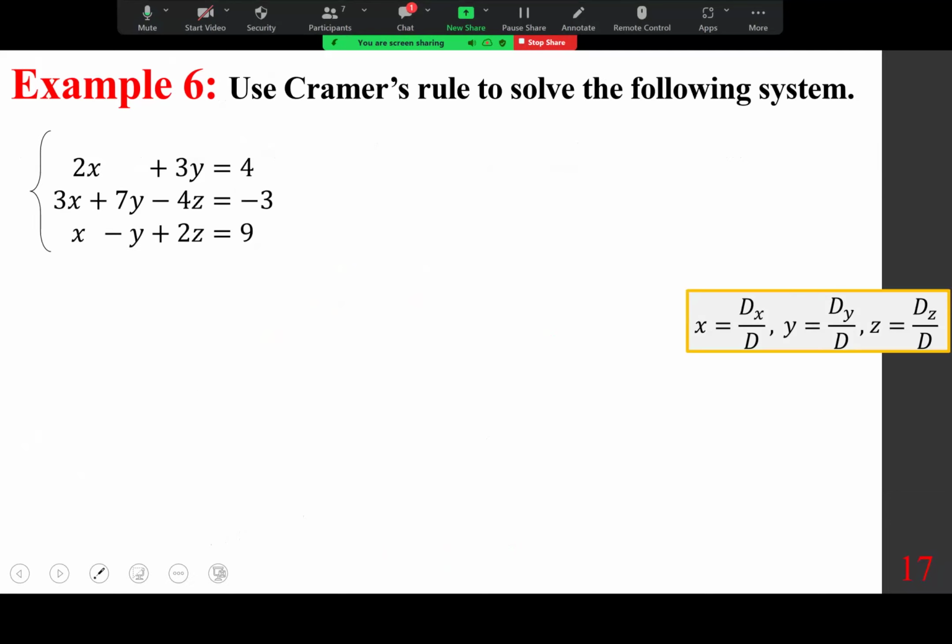You can try this by hand. Ultimately, you do use technology, but let's just quickly write this.